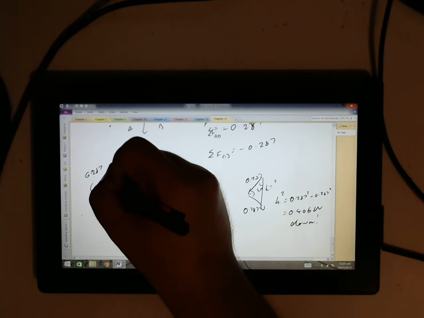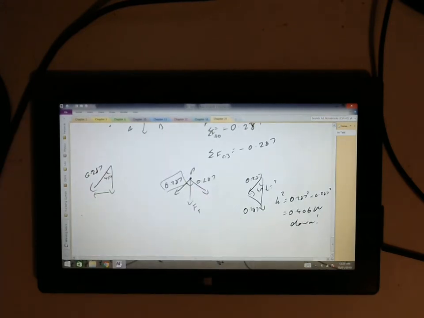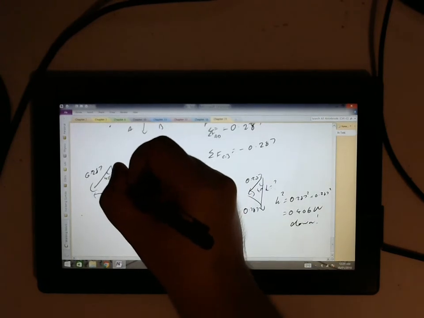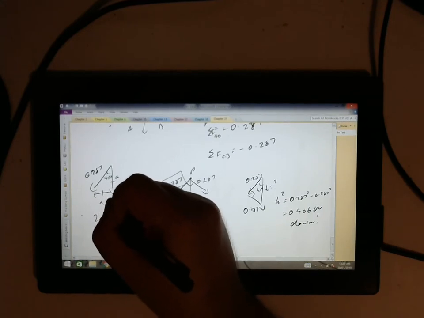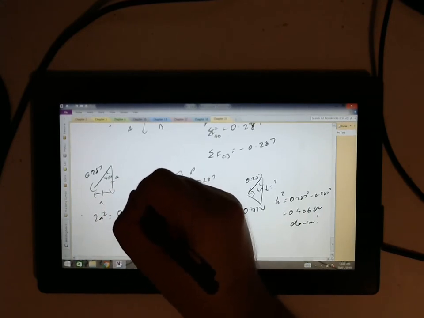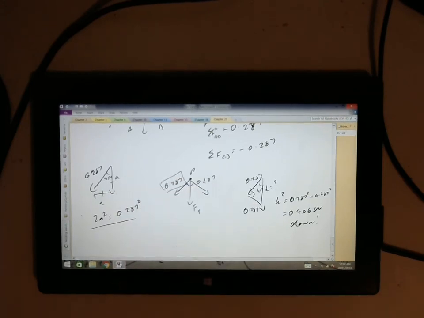We can then work out how much is going that way, how much is going that way. The good thing is that's a 45-degree triangle. These two sides will end up being the same. It'll be isosceles. So that'll be A and that'll be A. So we'll have 2A squared equals 0.287 squared. That is just me using Pythagoras' theorem very quickly. I would recommend that you get familiar with that.